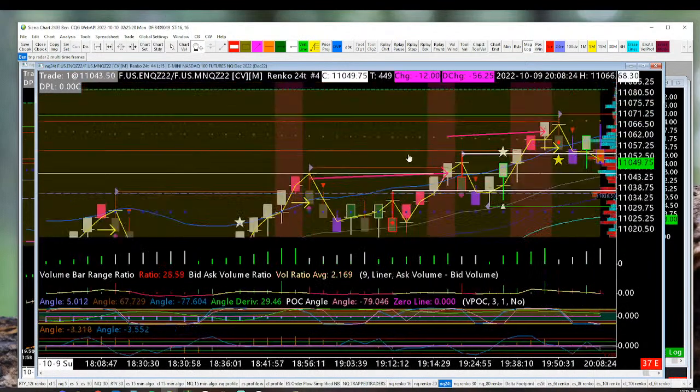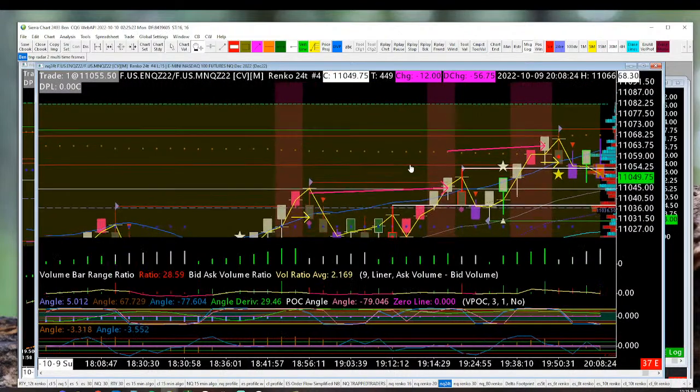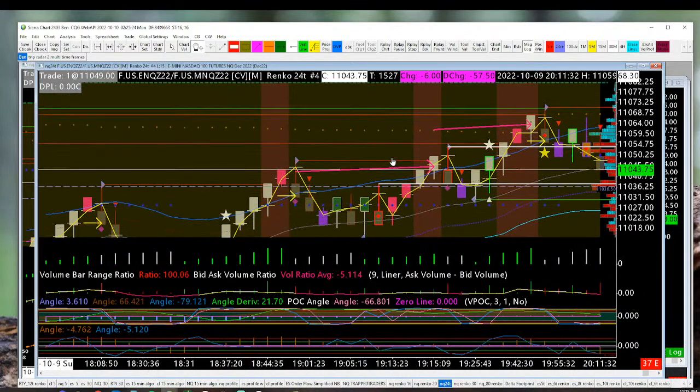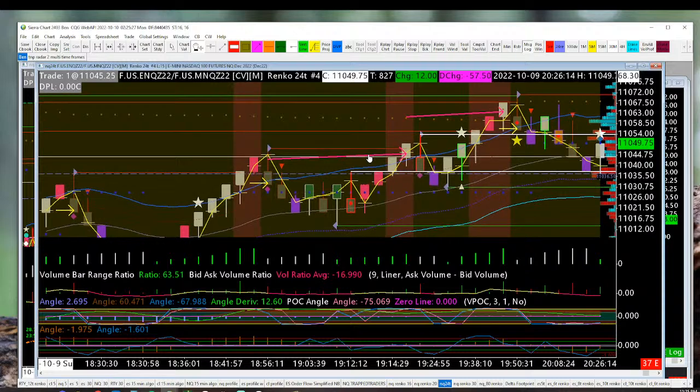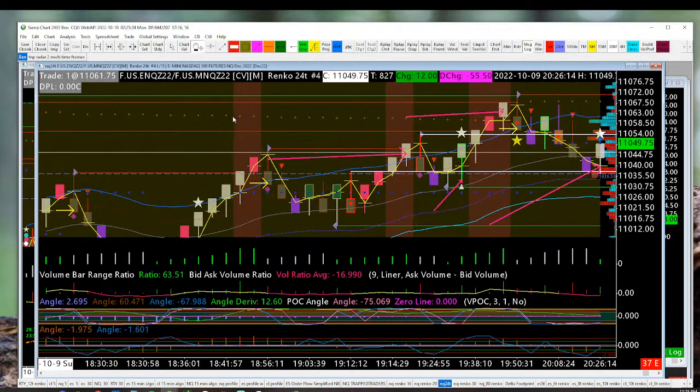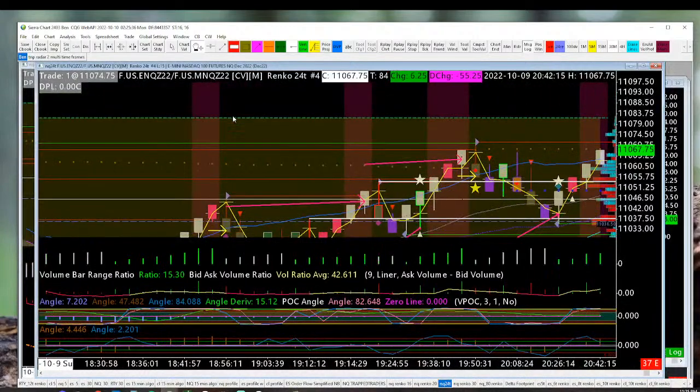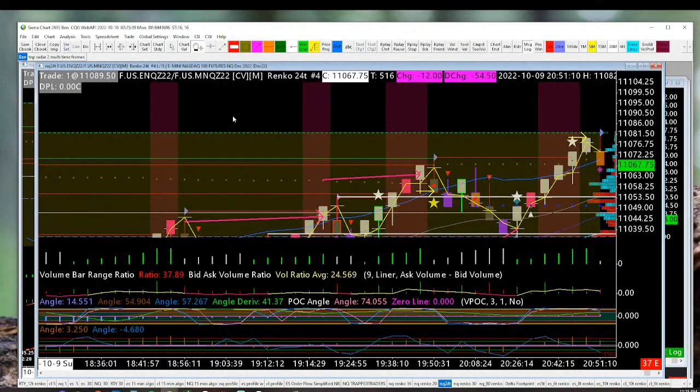What we want at that point, pull back into support, get a buy signal. Green bar, purple bar, right there. Oh, but it's got a diamond. Is it support? It's support. Support established, support confirmed. It's probably okay. Yep, that's cool.